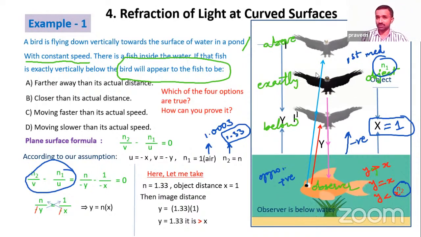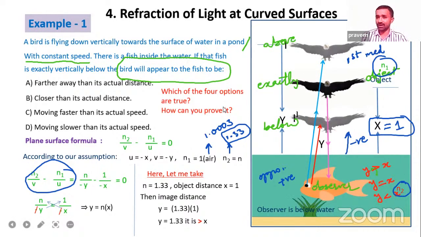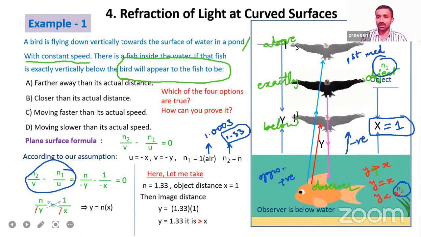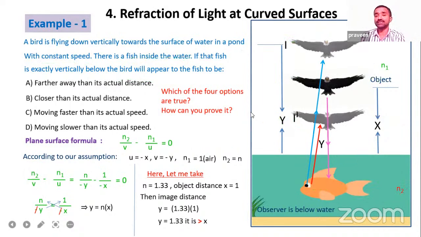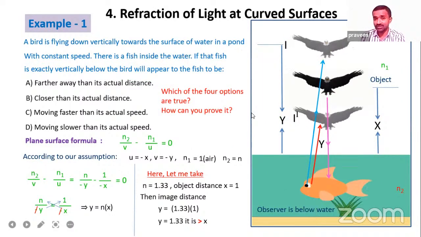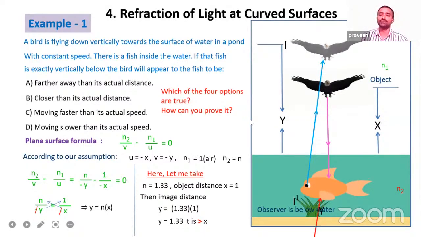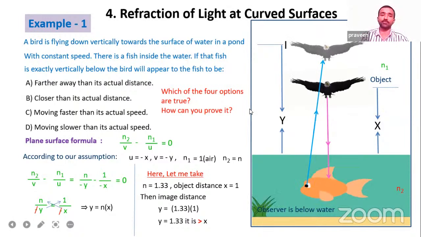So from the assumptions, which is correct? Y greater than x, or y equal to x, or y less than x? From the assumptions, I got the first one is correct. The remaining are wrong.